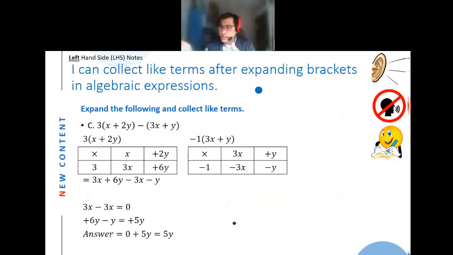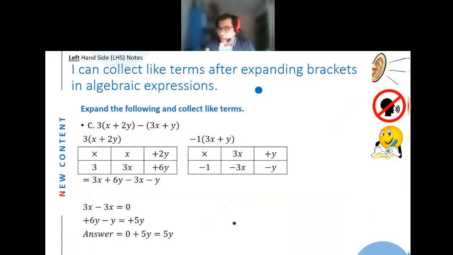Now for this one, as you can see here, it's a little bit different. First of all, it's got two brackets. Even though it looks a bit more complicated, it is still the same thing that we've been doing. It's just adding a few more steps in.